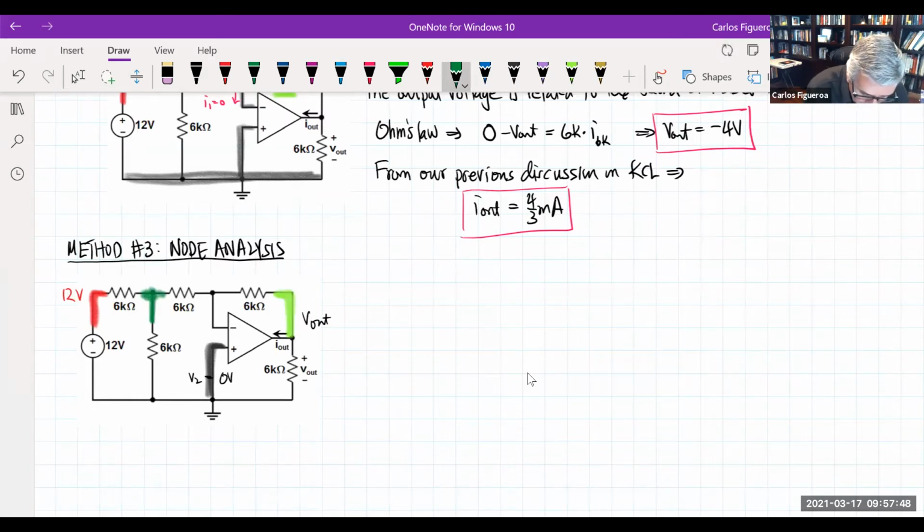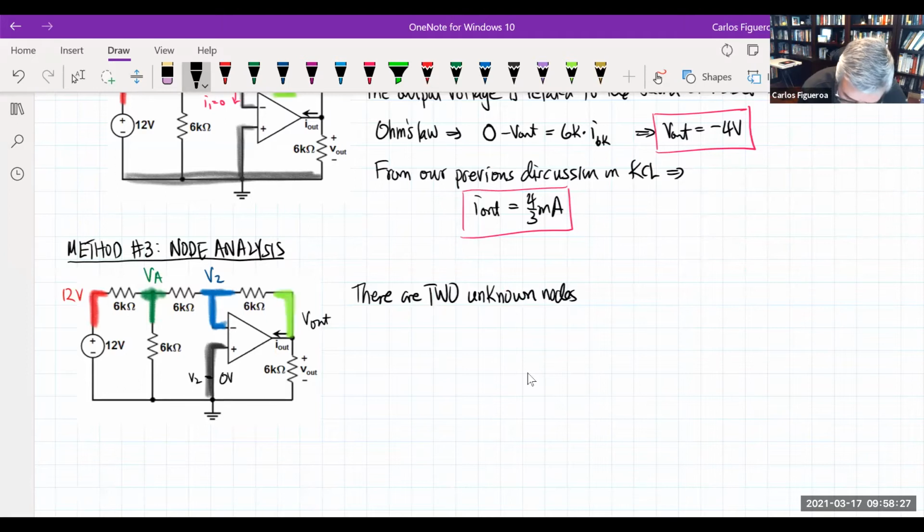Well, I don't want to use V1 and V2. So maybe I'll call this A. And then this node right here, I'll just call V2. So as far as we could see here, if I do the numbers here, there are 2 unknown node voltages. So one here is the node VA.